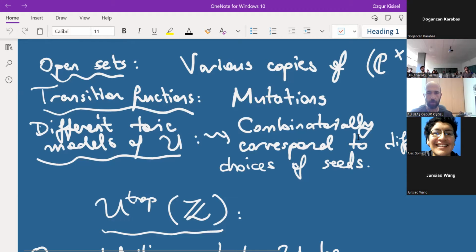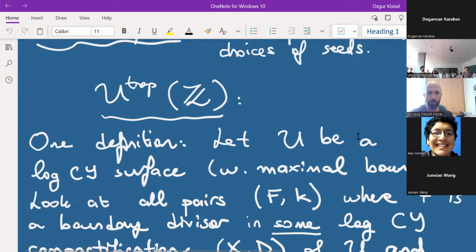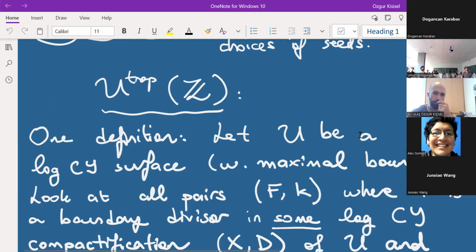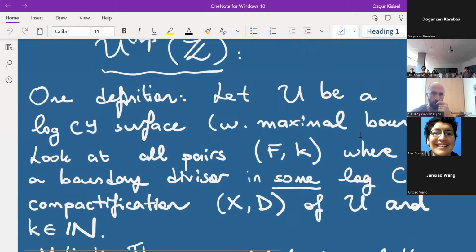Now, okay, something about this U trop of Z, trying to understand that. One possible definition is: let U be some log CY surface with maximal boundary.